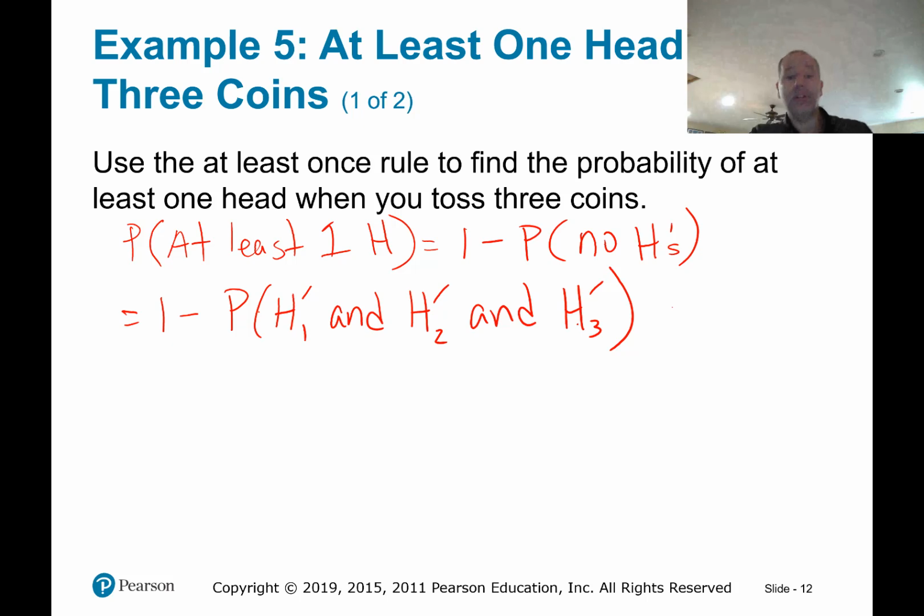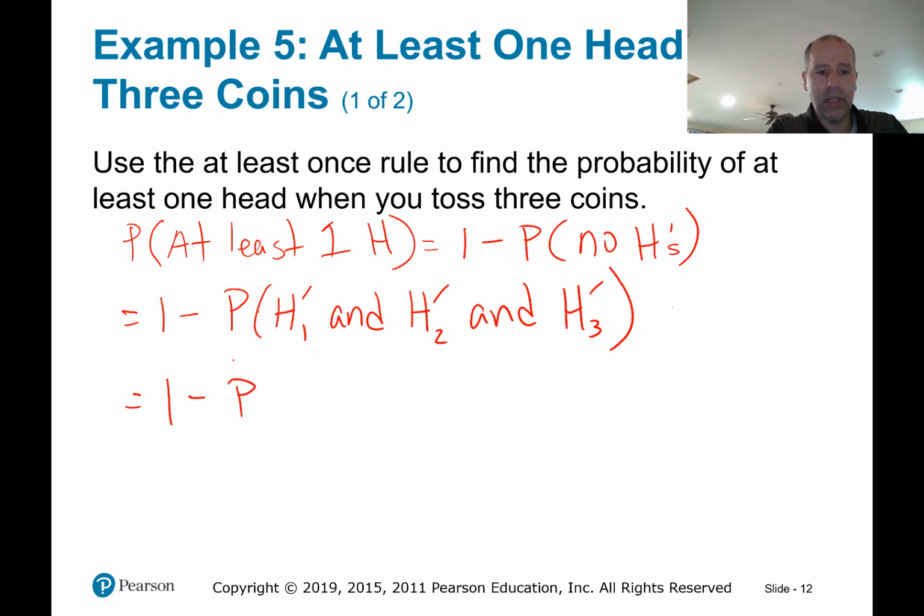And now we can use independence because they're connected by "and". So the first question you ask yourself is, are these independent events? And the answer is yes. And so now we can write this using the simplified multiplication rule.